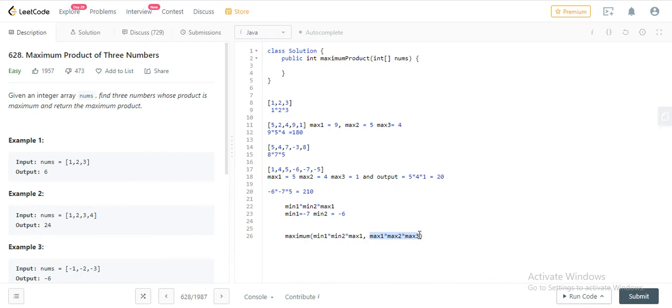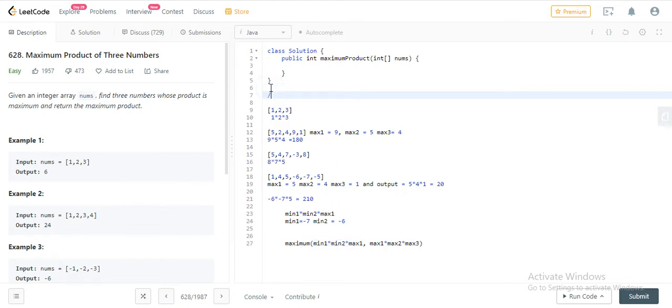Either go with this scenario or that scenario, whichever comes out to be maximum. Okay, so let's comment out this part and code what we have just seen.